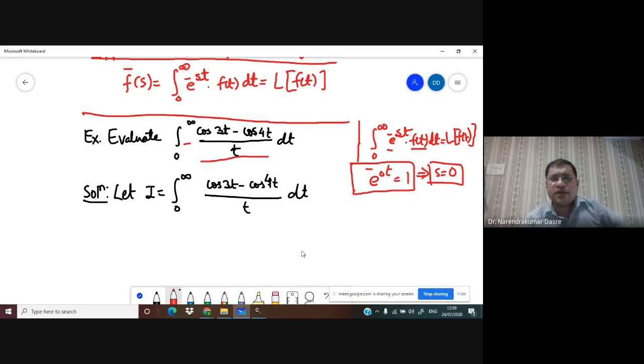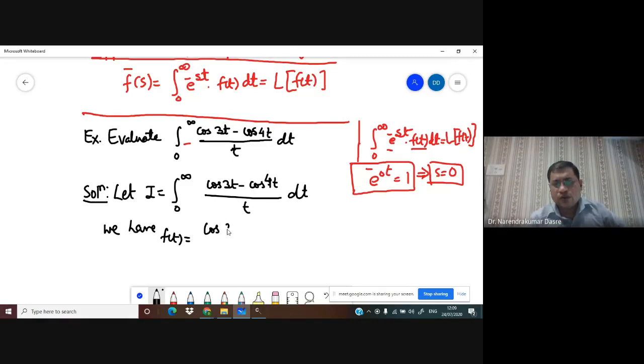So this whole term is going to be f of t, and we have f of t equal to cos of 3t minus cos of 4t upon t. So that's what we have.